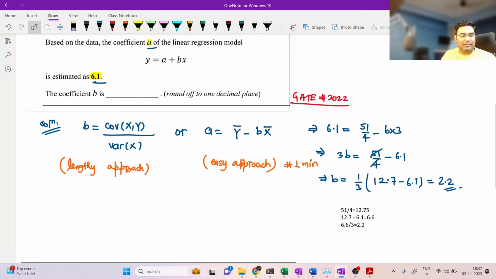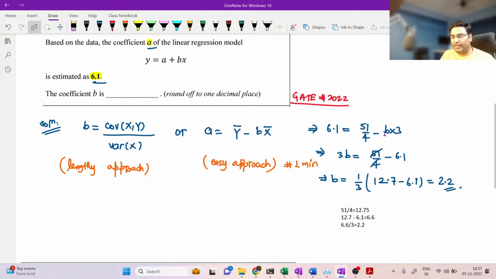Perfect. So the answer for B, let me validate, should be 2.2. And let me just validate the calculation, 6.1, right? 51 by 4 minus 6.1.